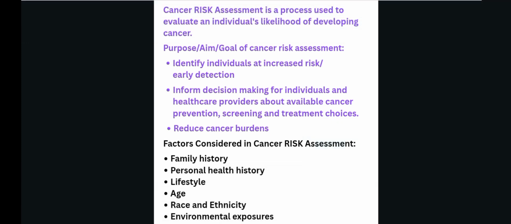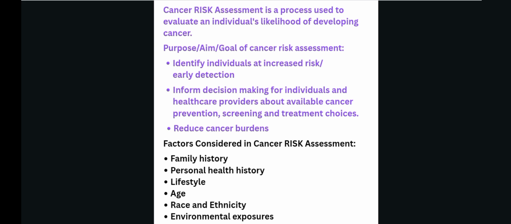Now, what are the factors we consider in cancer risk assessment? One of the first factors is we'll look at the family history of these individual patient. Has there been existing cancer in the family? Then we'll look at personal health history. Is there pre-existing cancer also, or specific autoimmune diseases that can increase risk of individual developing cancer?